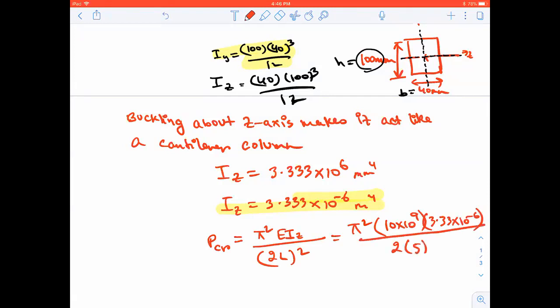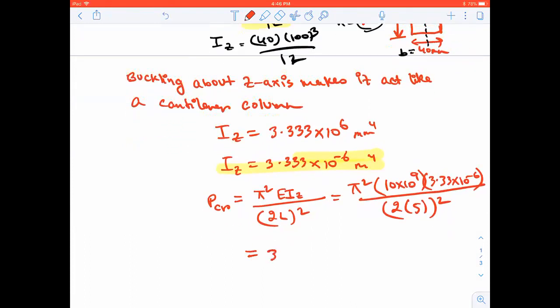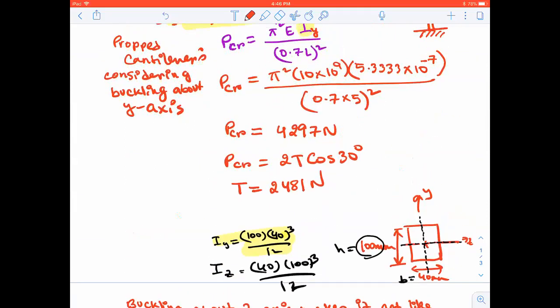Length is 5 squared. So that gives me something around 3290 Newton. So I'm getting a much lower value than this one.